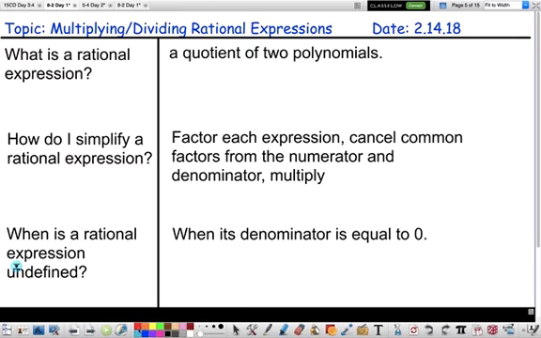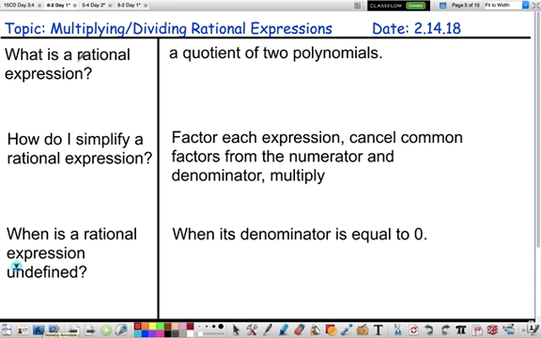So here's a couple things you need to have down. Rational expression, what is it? How do you simplify one? Undefined. Okay? So you need to have those things down.